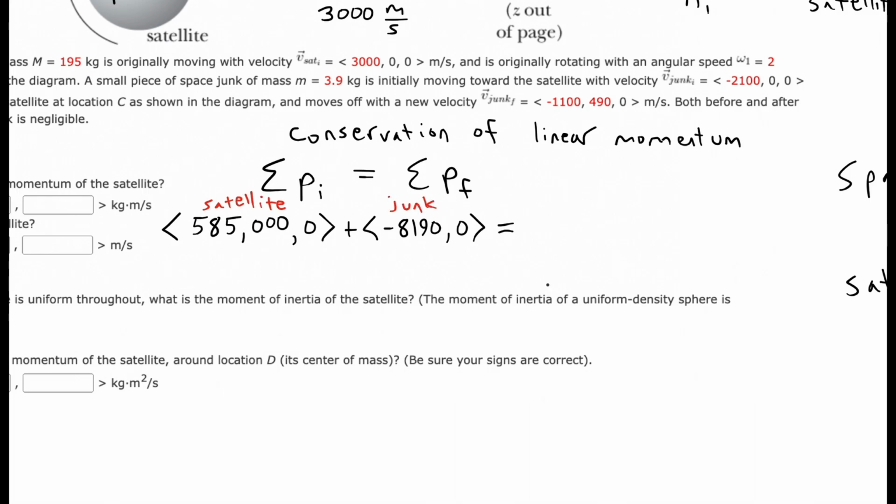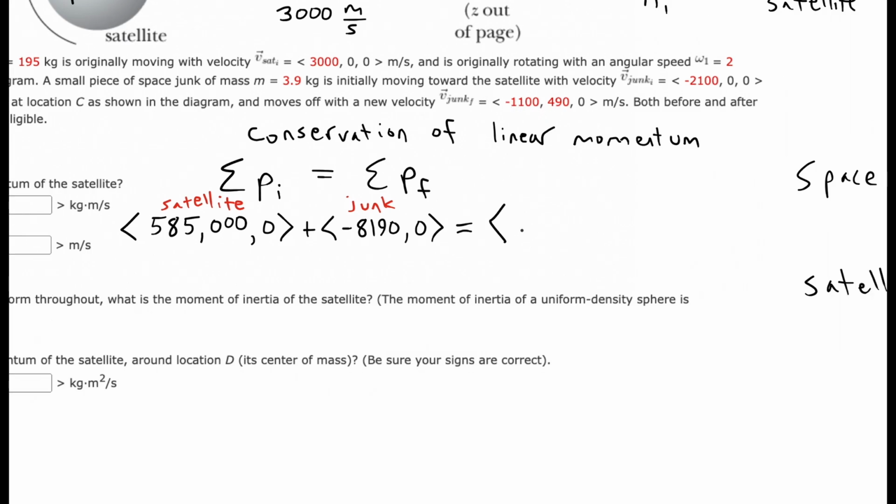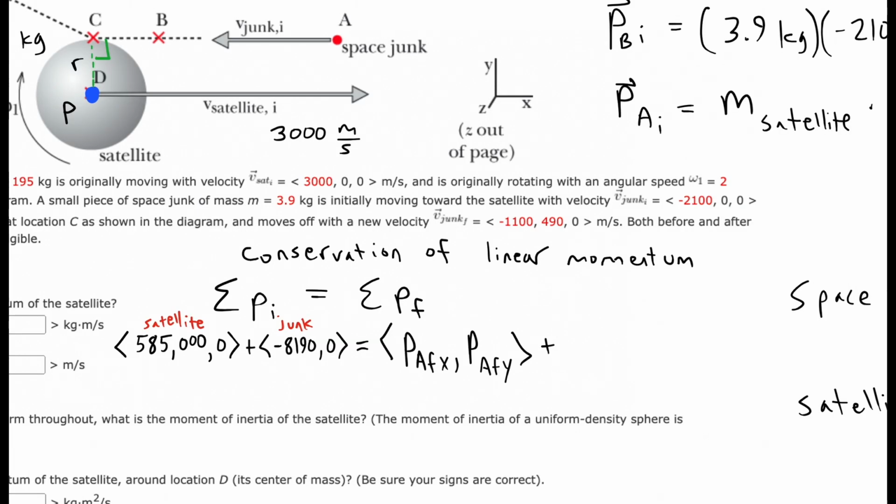Alright, so what is there at the end? Well, here they talk about the final velocity of the junk. So we really need to take that and turn it into a momentum. We're going to have an unknown final momentum of our satellite, so let's leave this as unknown. But we do know the junk's final momentum.